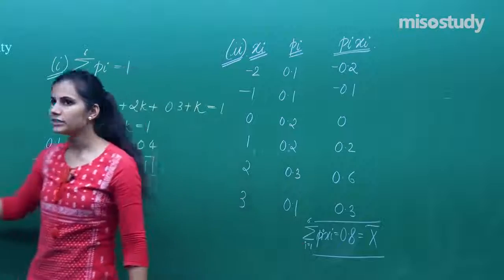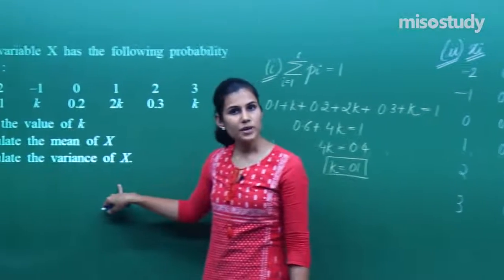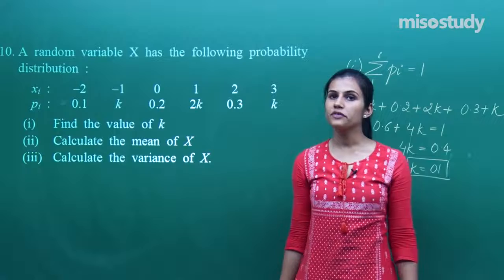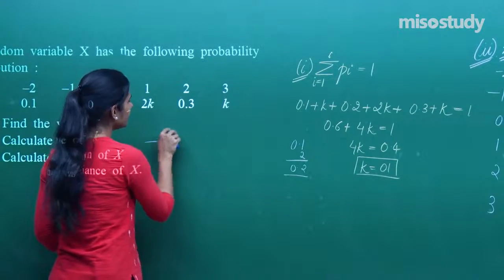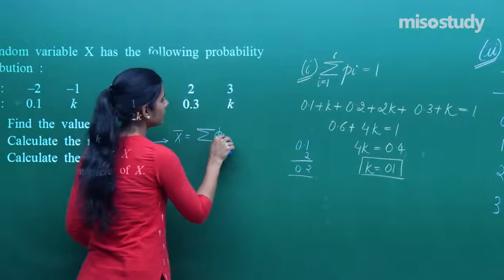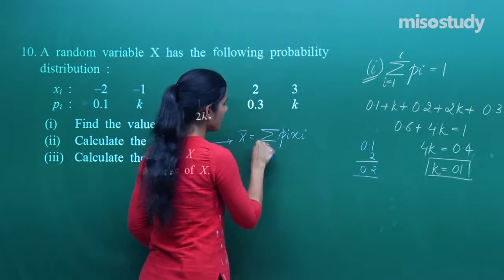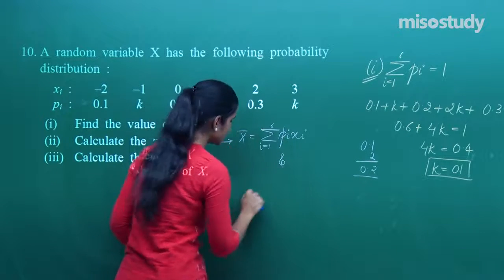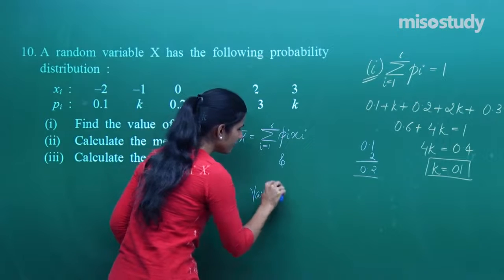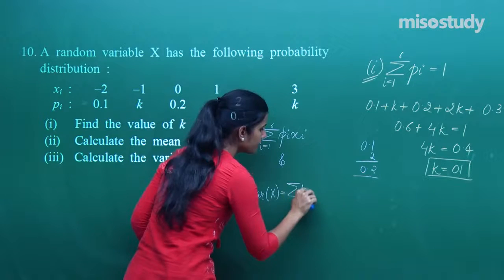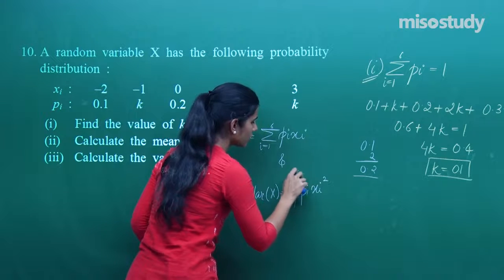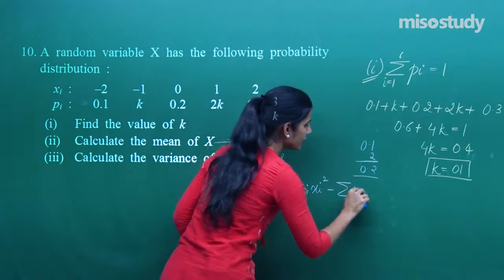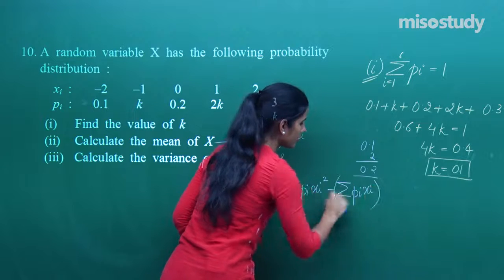Next is calculate the variance of x. If we have to calculate the variance, I should know that variance is nothing but what? What was my mean? Summation pi xi, i running from 1 to 6, and variance is given by summation pi xi square minus summation pi xi whole square.